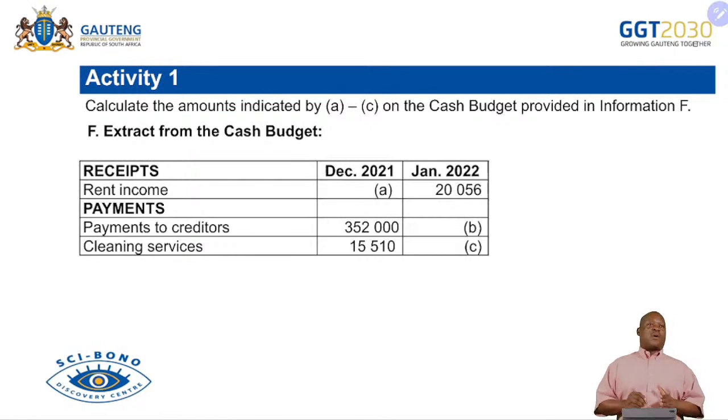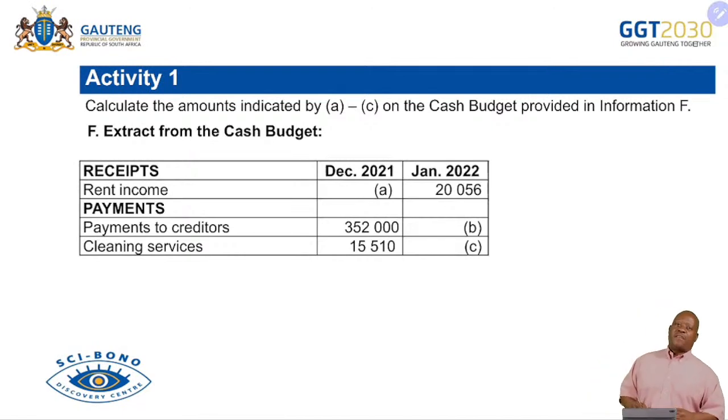B, it's our payment to creditors for the month of January. And C, it is our cleaning services fee for the month of January. These are the three A, B, and C missing figures which we are expected to calculate. Now, apart from this information that we are given in the extract from the cash budget, we need additional information.